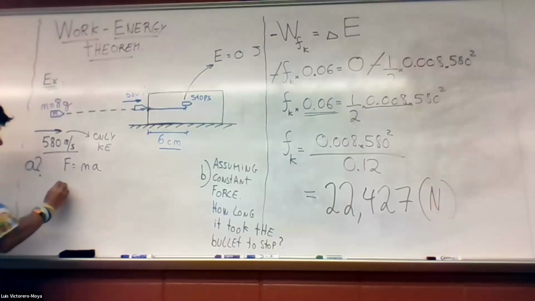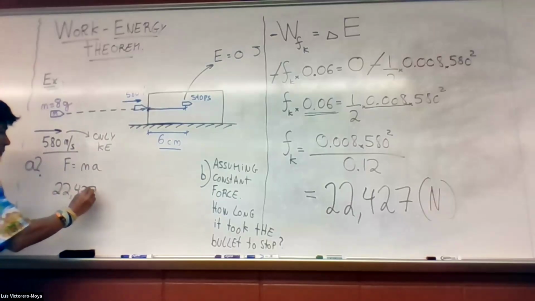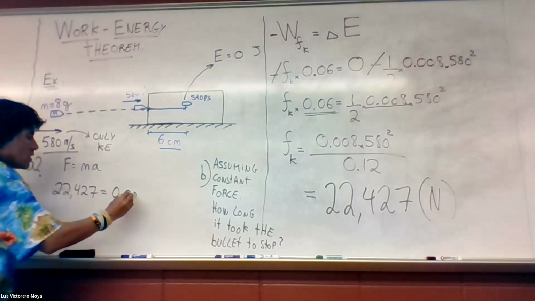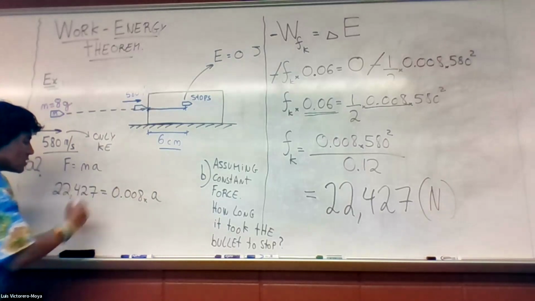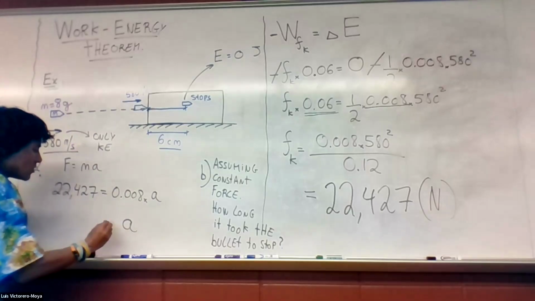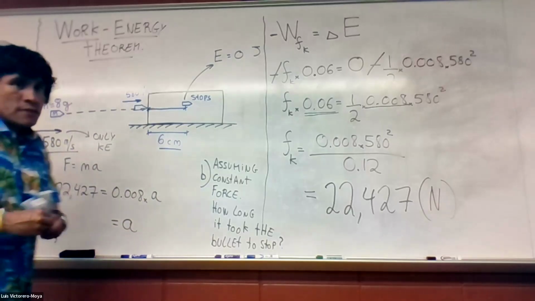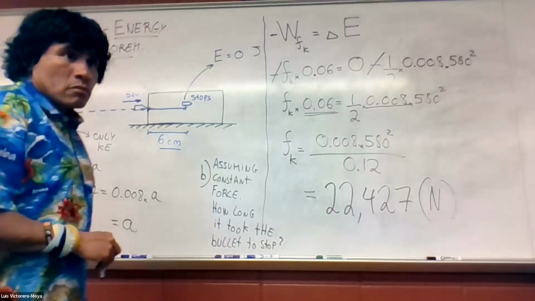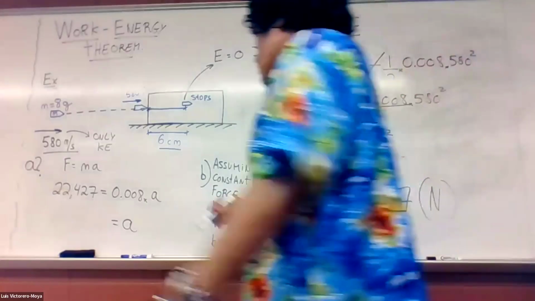Well, this is just a magnitude for now. 22,427 is the mass of the bullet, 0.008 times acceleration. So your acceleration towards the left is huge. 2,803,375 meters per second squared.